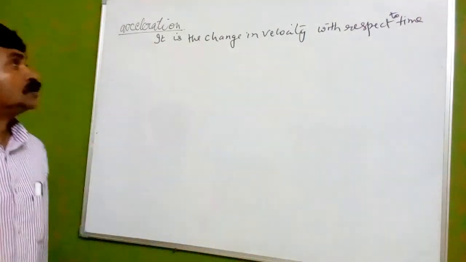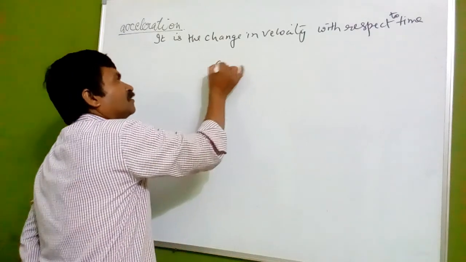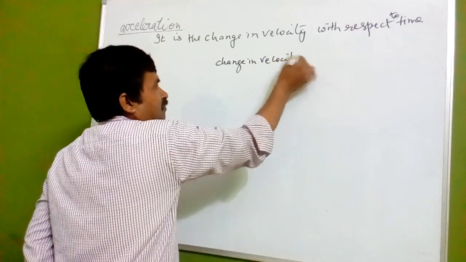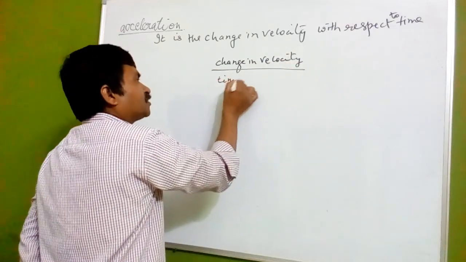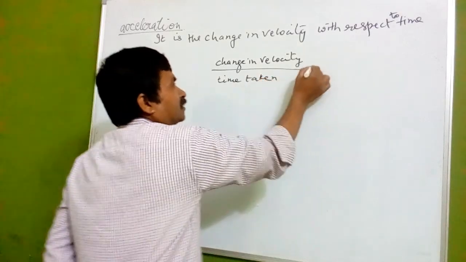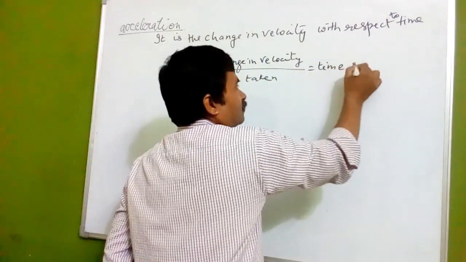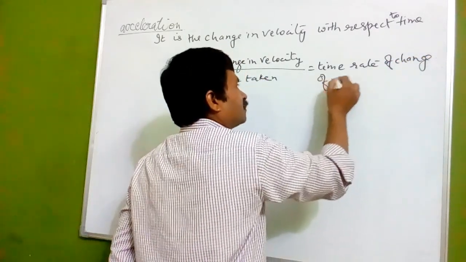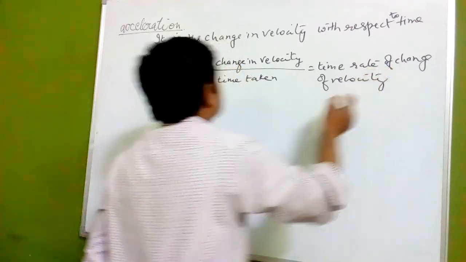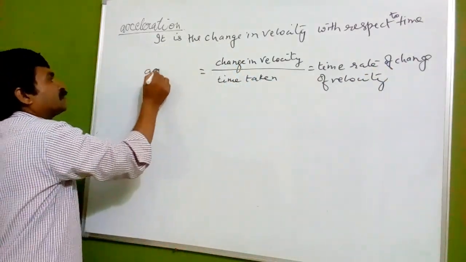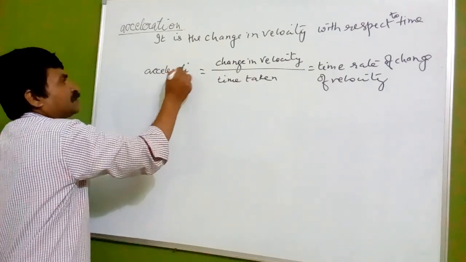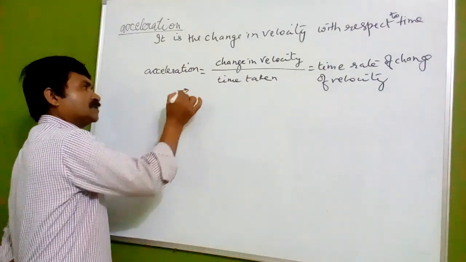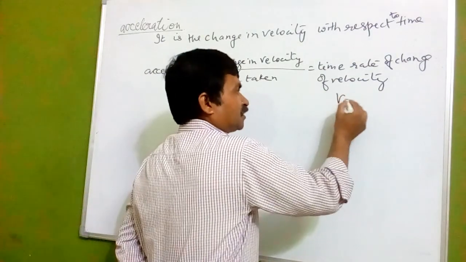So change in velocity divided by the time taken, or we can simply say time rate of change of velocity. This is acceleration, and it is generally represented by A. If you are writing it like this, it is a vector quantity. Acceleration is a vector quantity.